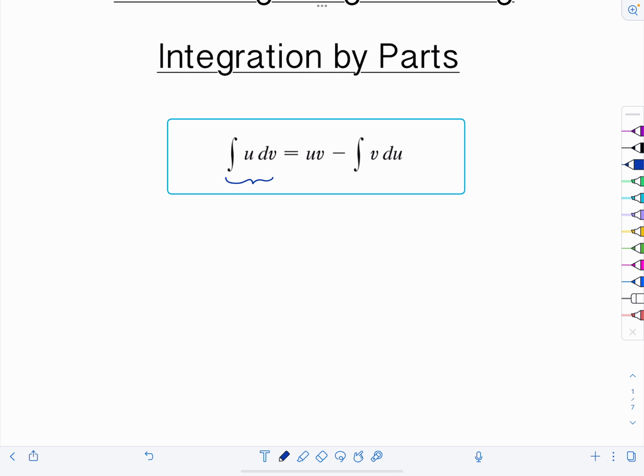Here's your original integral. You need to choose or identify what u is, and what dv is, okay? What those both are. Then, from there, you have to find what du is and what v is.